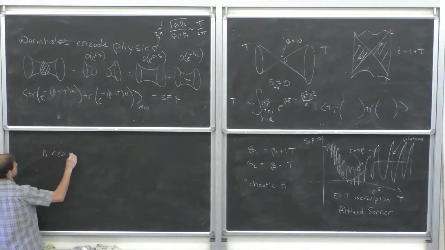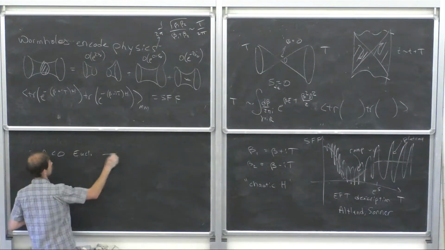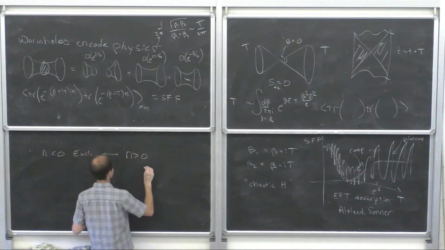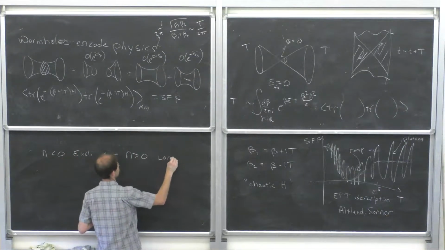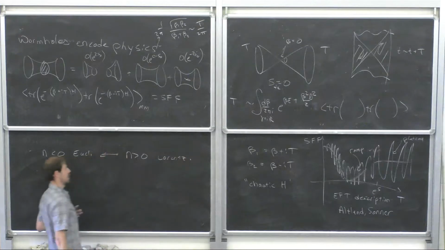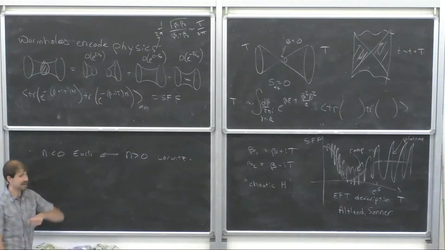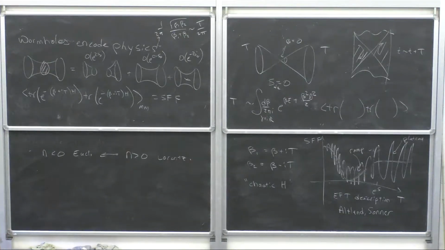Lambda less than 0 Euclidean is related formally to some positive cosmological constant Lorentzian theory of gravity, otherwise known as de Sitter quantum gravity. And you can take all these pictures that I've been drawing about the wormholes, and you can draw the same kind of pictures in Lorentzian signature, positive curvature.